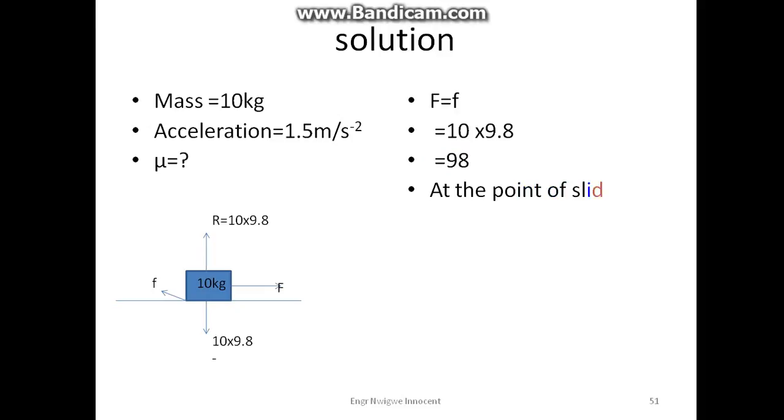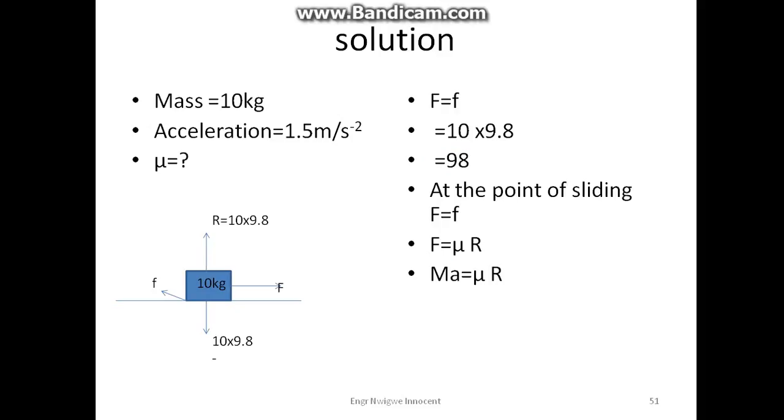At the point of sliding, the limiting frictional force is equal to the frictional force. Substituting the limiting frictional force with mu R, we get F equals mu R. But force is also mass times acceleration. Then we substitute the limiting frictional force with ma.